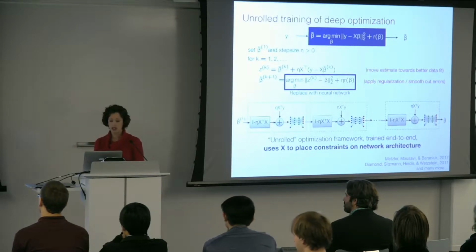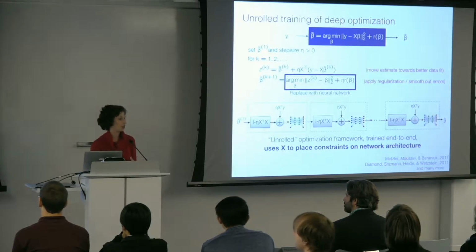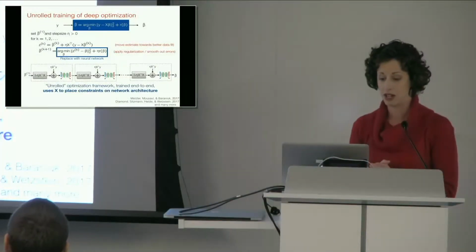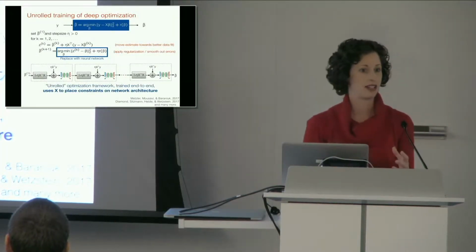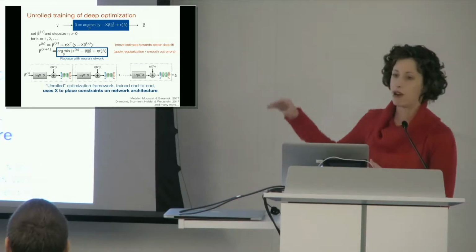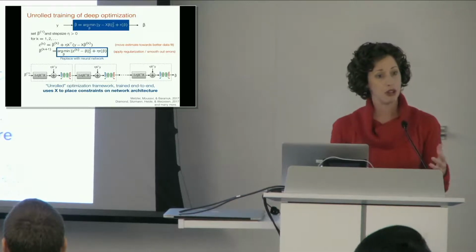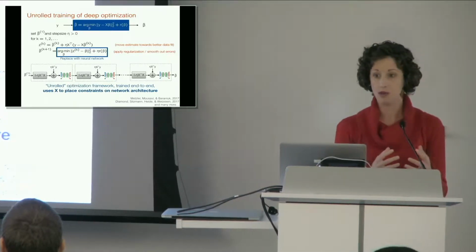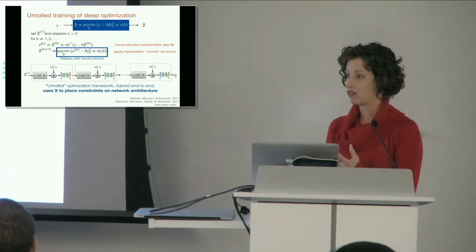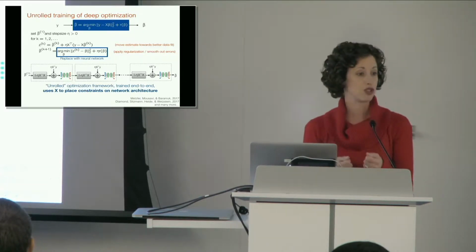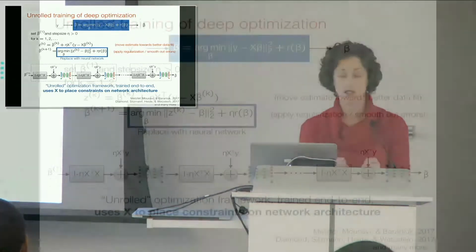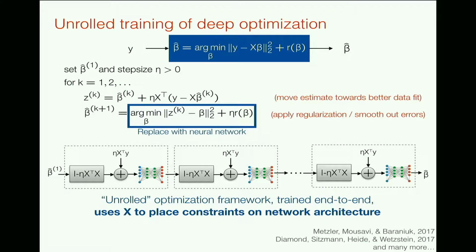It turns out that this makes a huge difference and gives us huge improvements, as we're going to see in a minute. One way to think about it is that this whole big block diagram corresponds to one giant neural network. And what we're doing is using our knowledge of the problem we care about, the fact that we're trying to solve this inverse problem, to somehow constrain what some components of this neural network look like. So they're not just arbitrary, but they're constrained by the problem at hand.